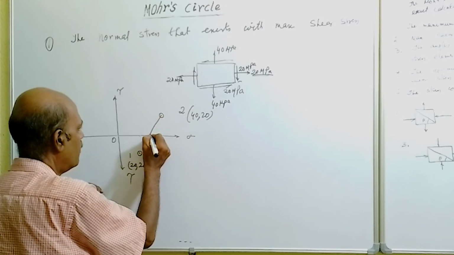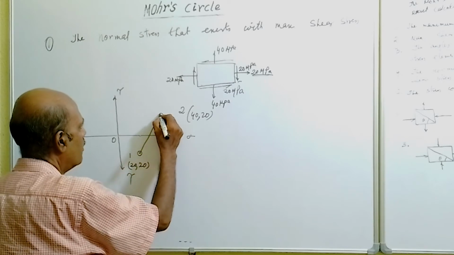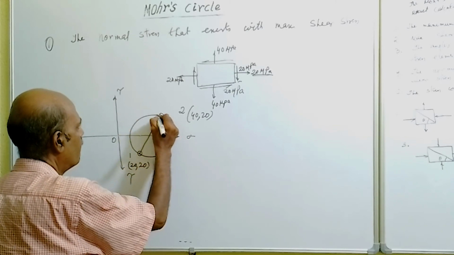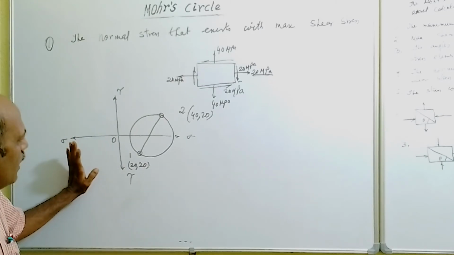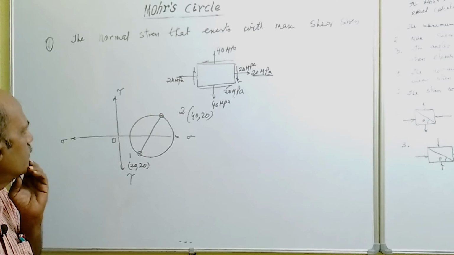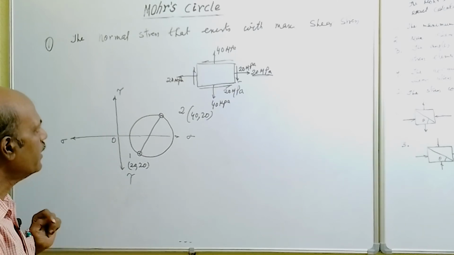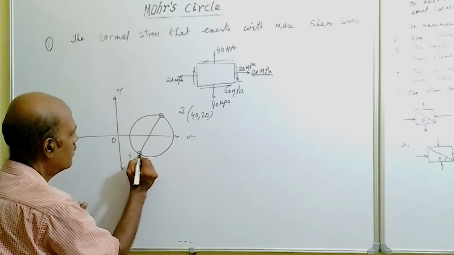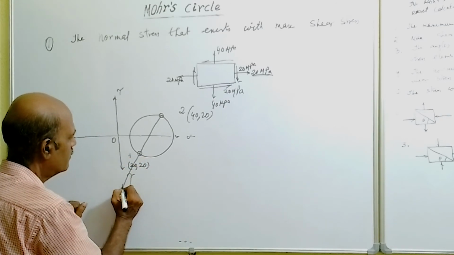Join point 2 and 1 and draw the Mohr circle. So, you have got the Mohr circle. Now, where is the x direction? Where is the x point plotted? At point 1. So, this is your x direction.